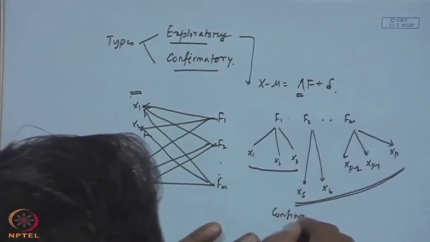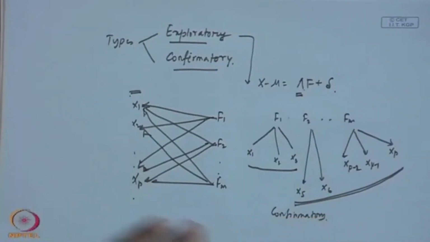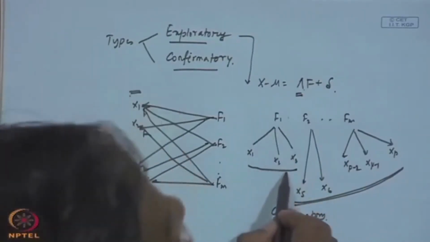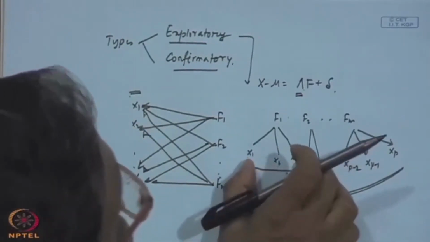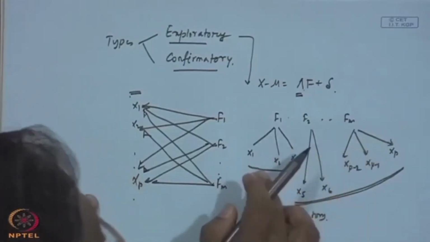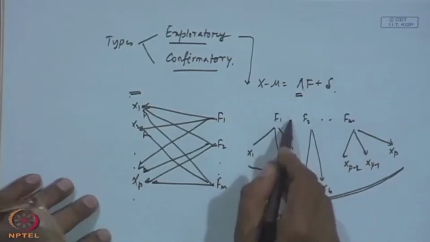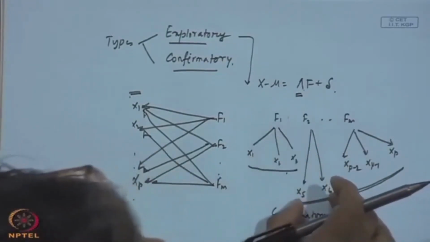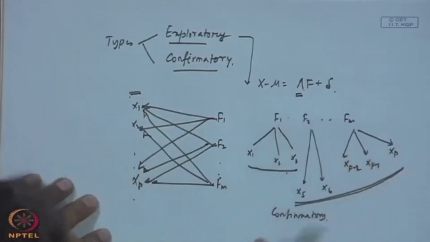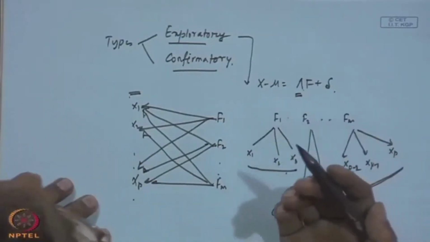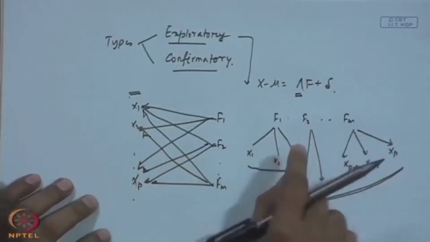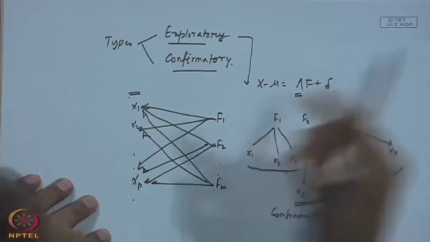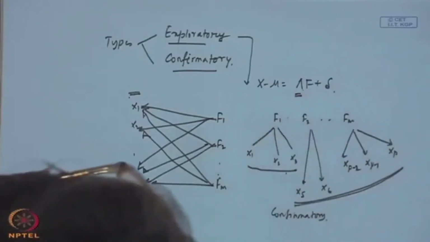Why is it confirmatory? The reason is you are saying that suppose a few manifest variables, let it be 3 or 5, are related to f1, there are some other manifest variables related to f2, and you want to confirm whether you are correct or wrong. This is your hypothesis. Let it be that the first factor is supply chain coordination.